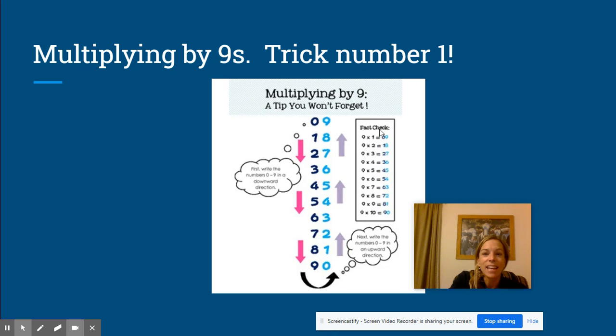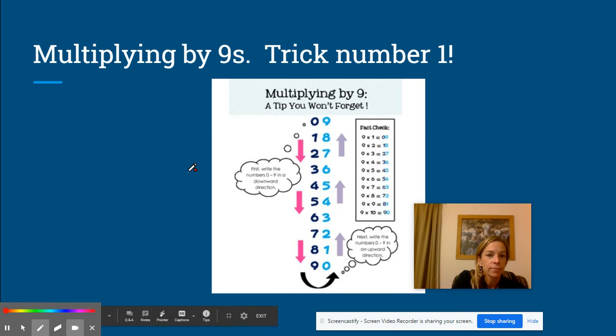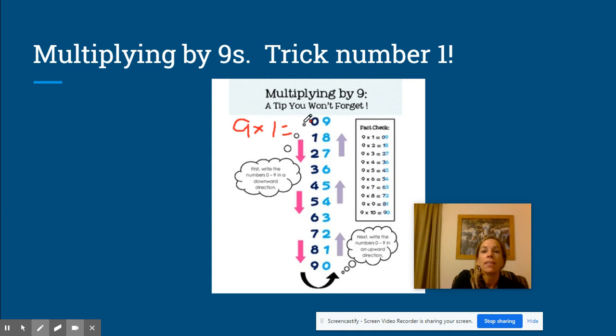Watch. Look at this. 9 times 1 equals 9. Why is that? My first row of 9 has nothing in the tens place, a 9 in the ones place.